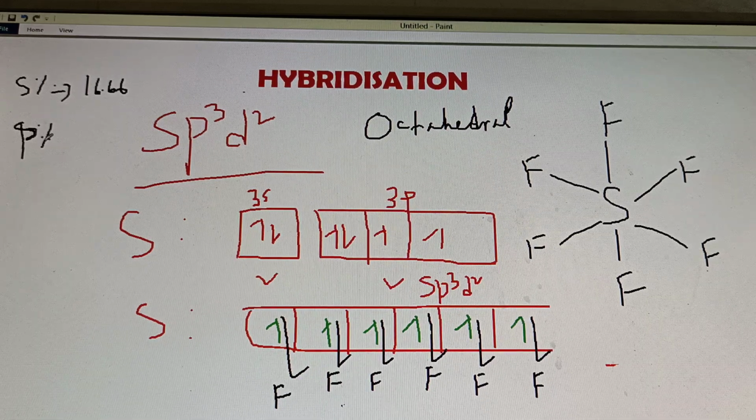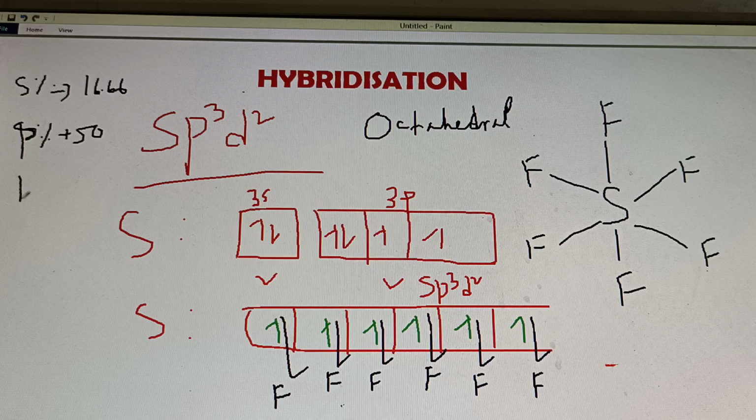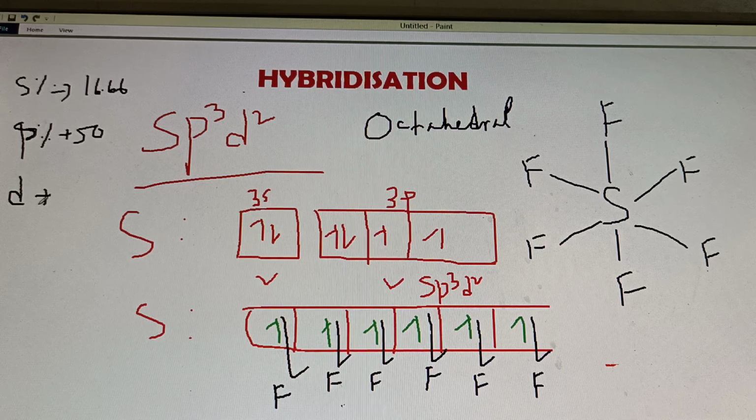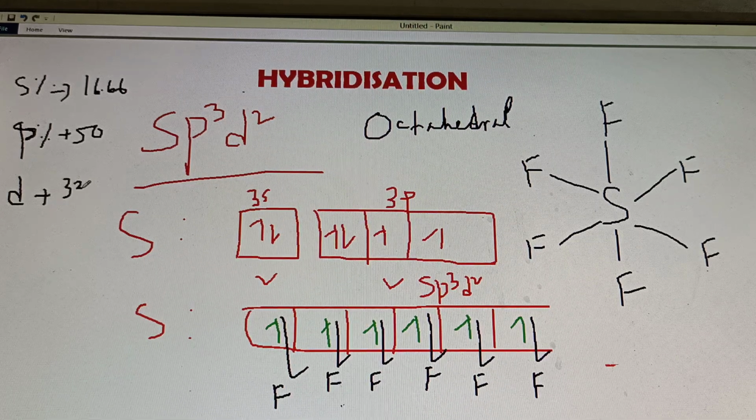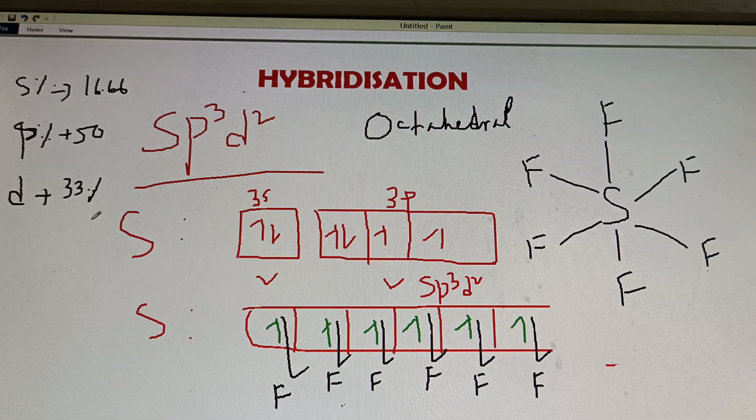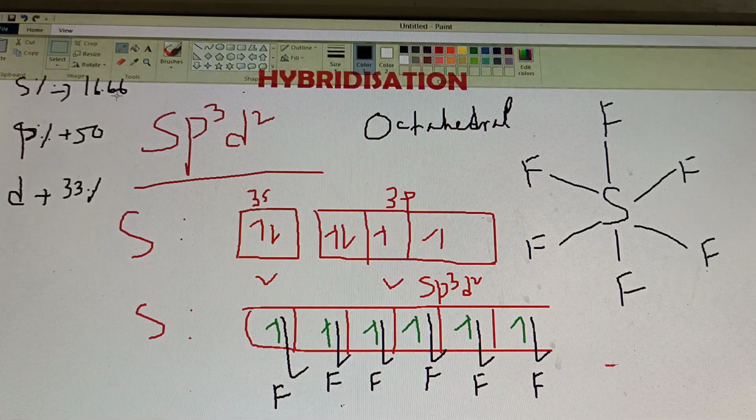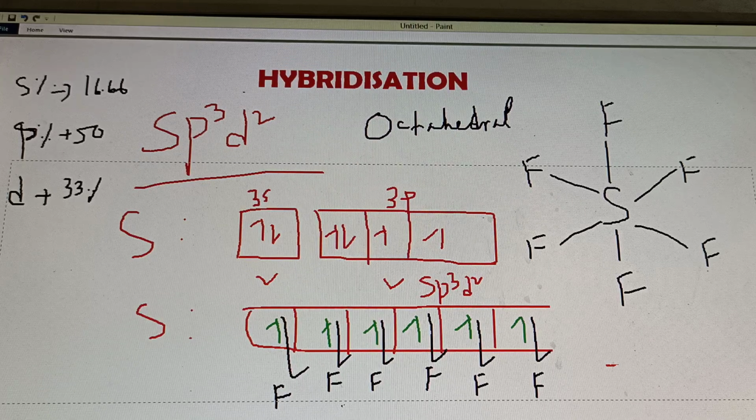That is 16.66 into 3, that is around 50. And what is d? That is 16.66 into 2, that is around 33. Clear?